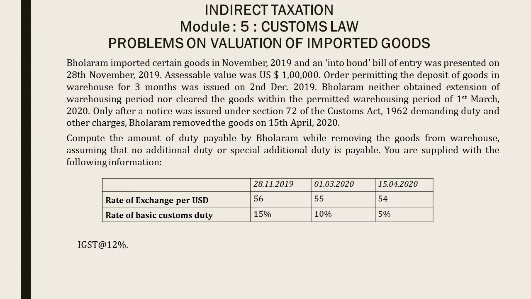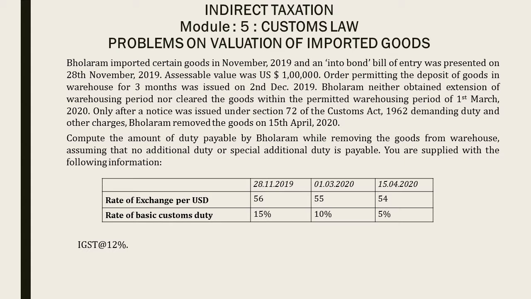Bolaram neither obtained an extension of the warehousing period nor cleared the goods within the permitted warehousing period, which ended on 1st March 2020. See, actually the deposit of goods in the warehouse was permitted for 3 months, but even after 31st March 2020 he did not bother about the extension of warehousing.